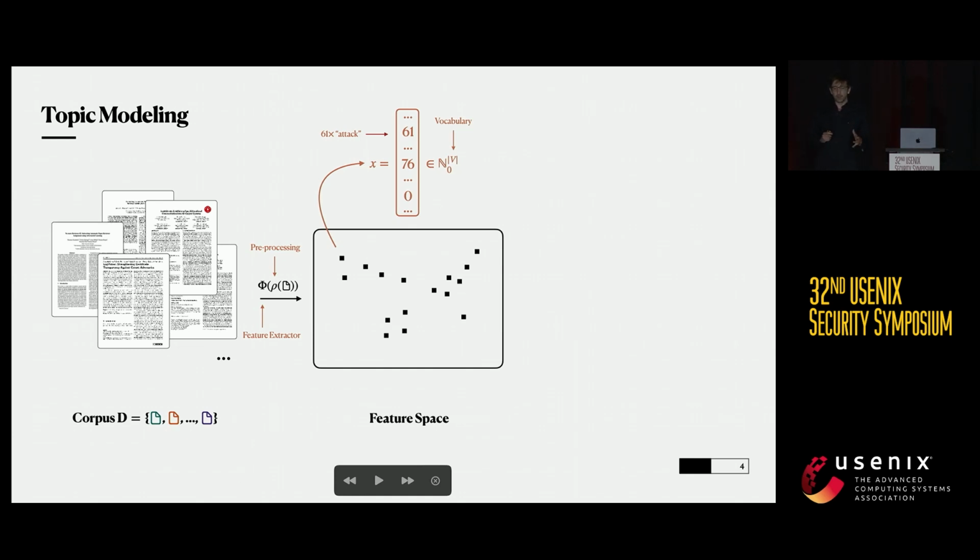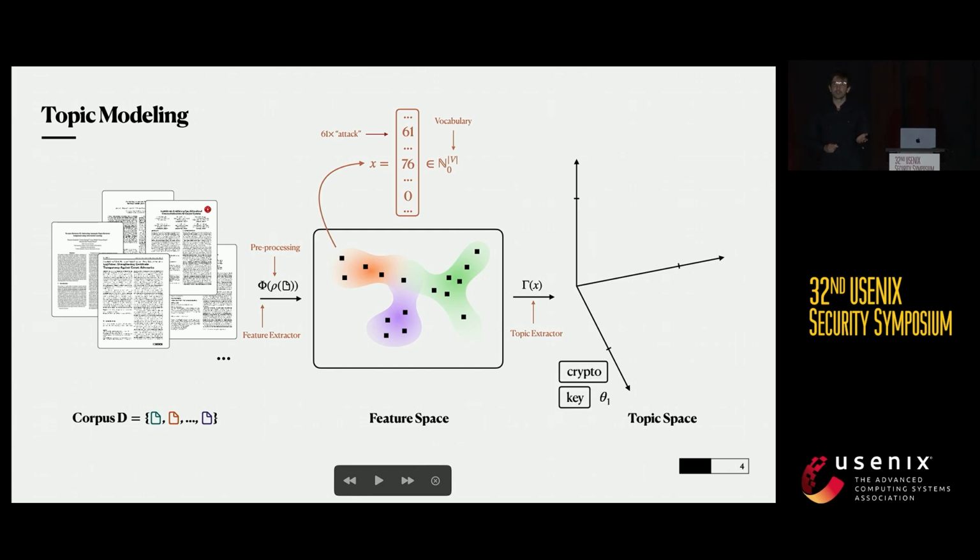Now, in topic modeling, we go over the different documents, and we use a topic extractor to arrive in a topic space. In the topic space, every dimension reflects a topic. For example, the first dimension would be about crypto, where crypto and key characterize this dimension.